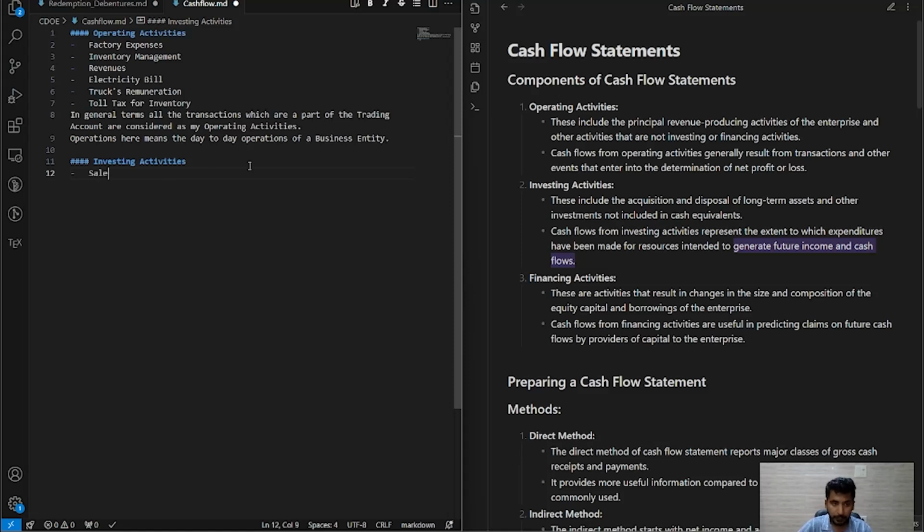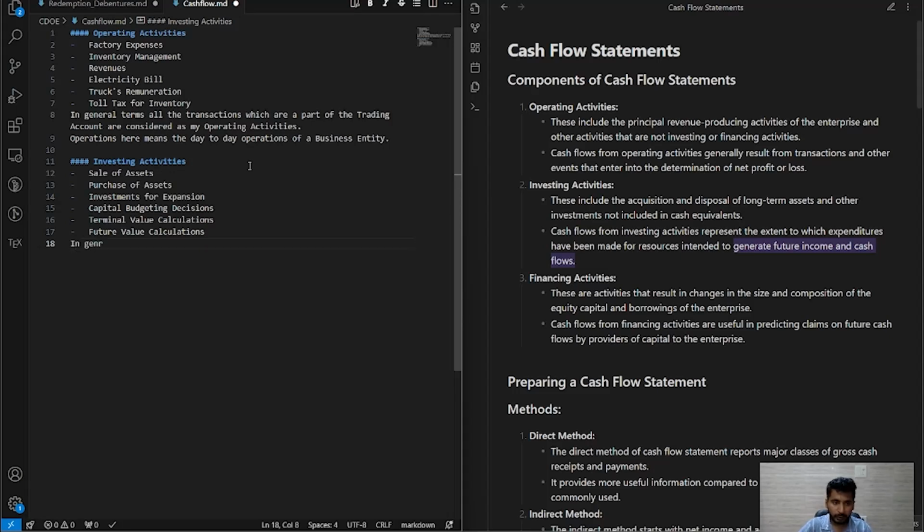Investing activities: sale of assets, purchase of assets, investments for expansion, capital budgeting decisions, nominal value calculations, future value calculations. These are all part of my financing activities. Sorry, investing activities.